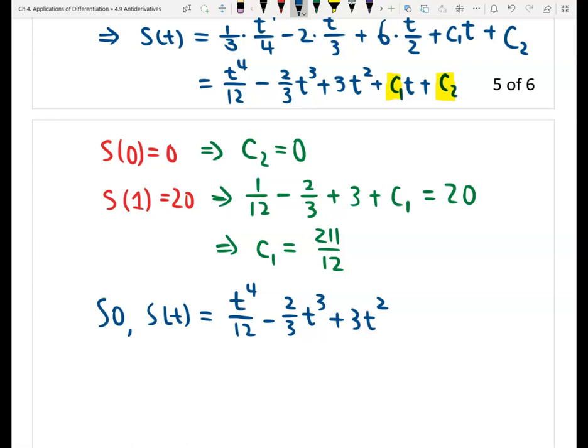C1 is this fraction, so plus 211 over 12 times t, right? C2 is 0, so that's all. Can you see? This is the particular antiderivative solution. That's all. Thank you.